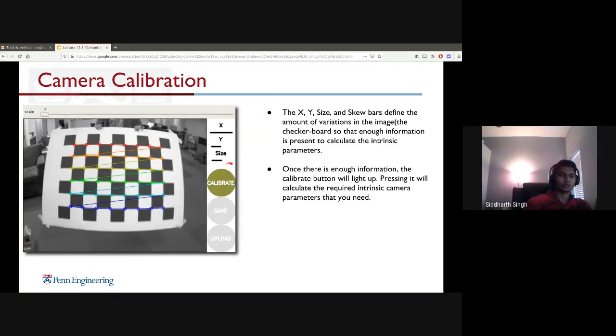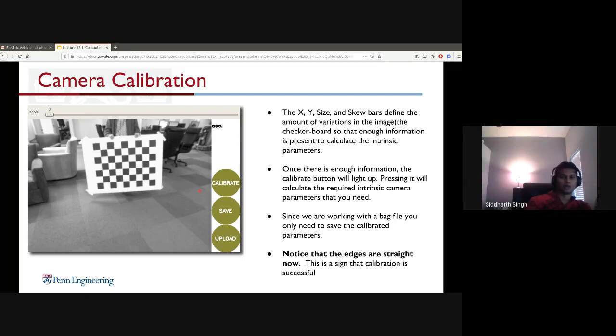And so you see in this image, before it's calibrated, the lines which should be parallel are not really parallel. They are skewed and curved, right? Once the camera has enough information about the image, the calibrate button will light up. Just press that, and it will write that information to your camera package.